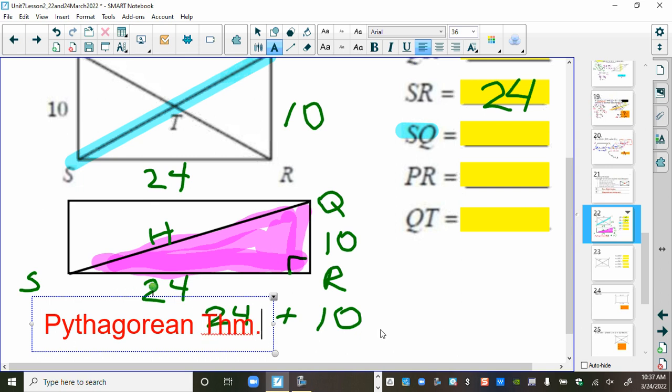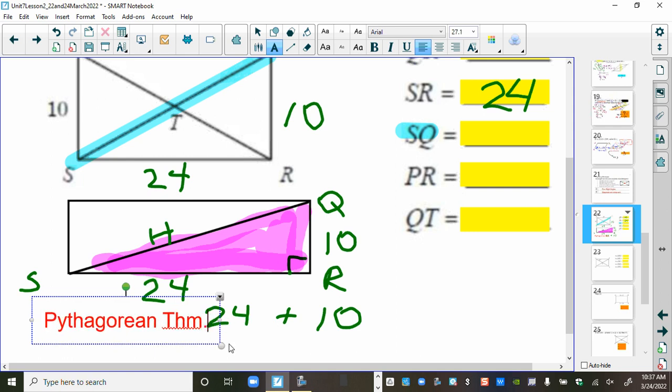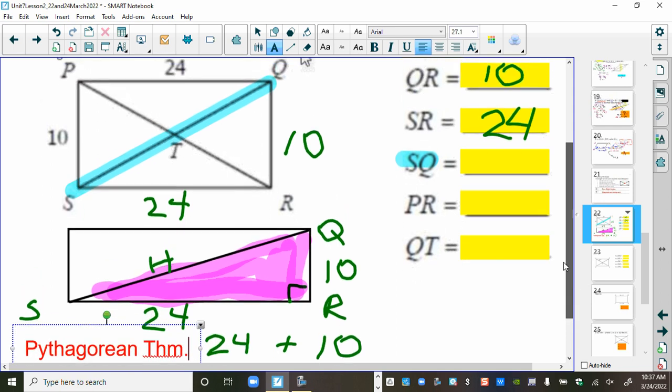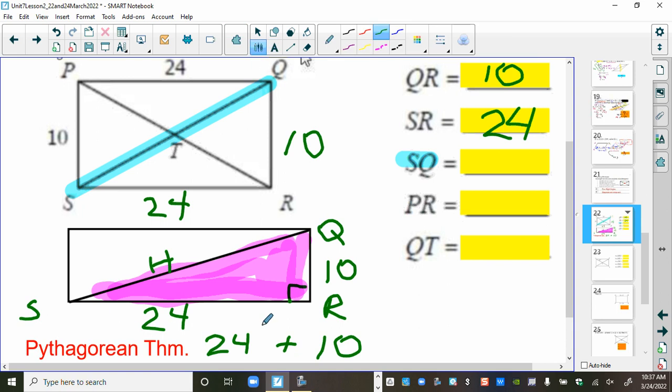Anybody remember what we have to do with the 10 and the 24? Remember, we just did this last unit. Do we just add them up, or what do we have to do first to each of them? We have to square them? You have to square them first. That's what you need to do first. You got to square them.